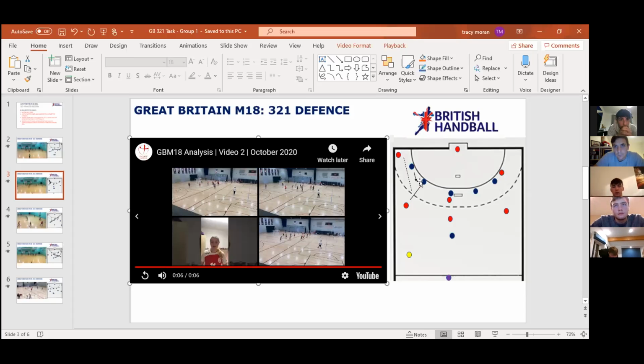The defender comes across, but it looks like the wing defender doesn't have full trust in this defender making the tackle, which means that the wing defender comes up, leaving the space for the left wing to have a shot in this sort of area. It's not quite as tight an angle as that shows, but the pass is then made, which leaves an open shot for the wing coming in.